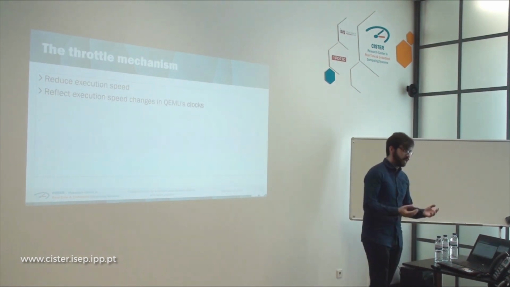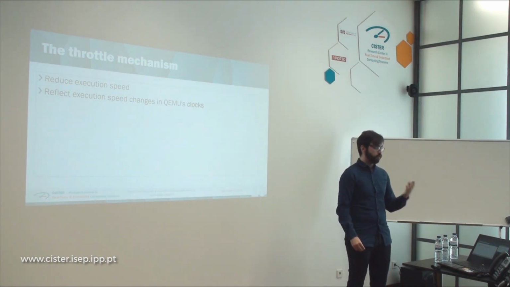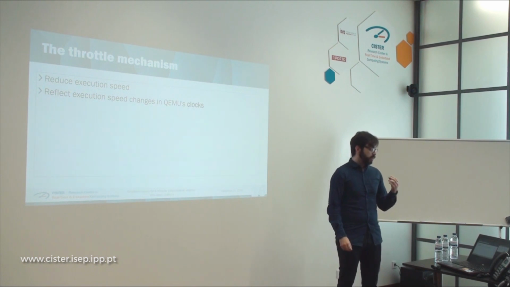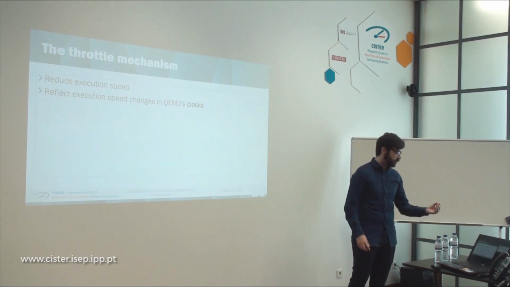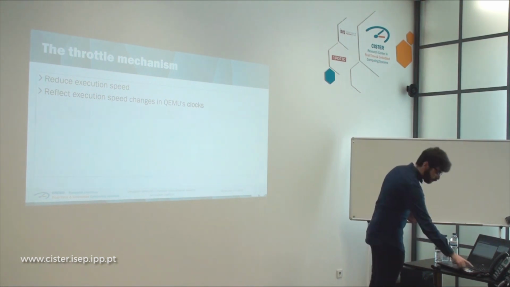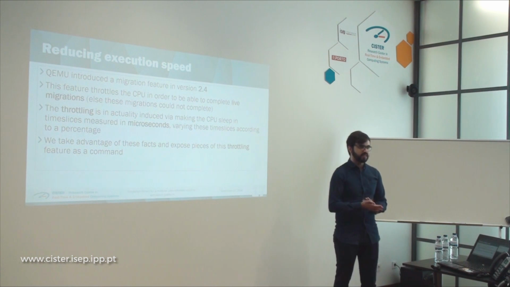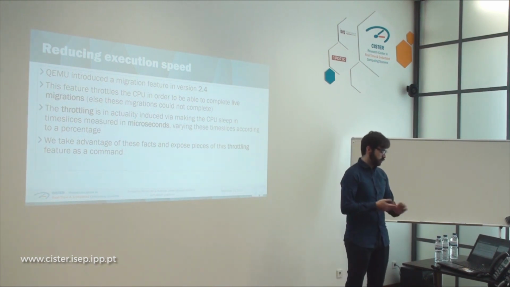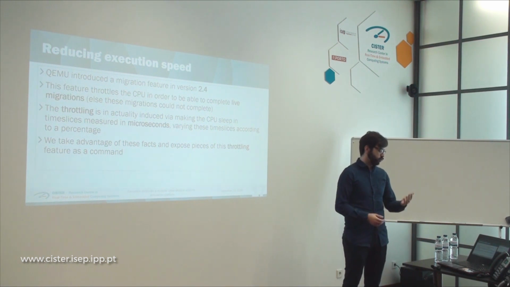Okay, so the throttle mechanism, as we've called it, has to reduce execution speed and, more importantly, reflect these execution speed changes in QEMU's clocks. To give some context about this throttle mechanism, QEMU introduced a migration feature in version 2.4.